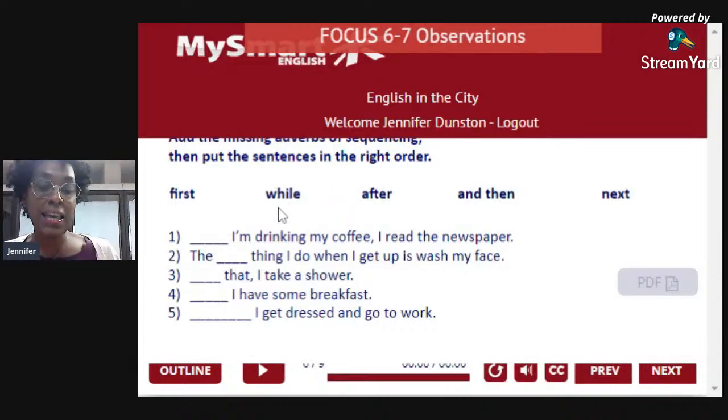And this indicates, when we use while in a sentence, that we have 2 actions happening simultaneously. These 2 actions can be one short and one long. They can be two long. But if we use while, we're demonstrating that 2 actions are happening at the same time.